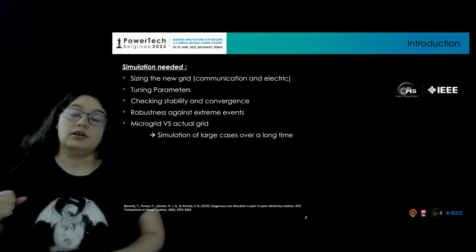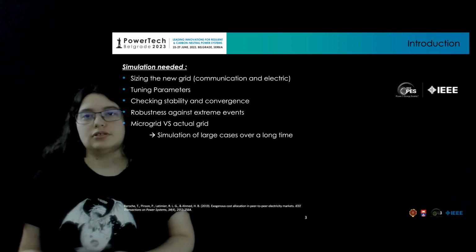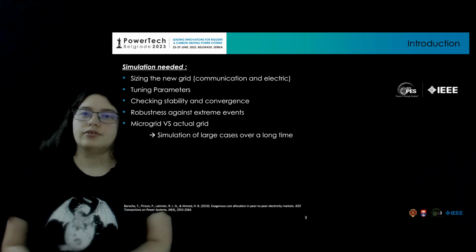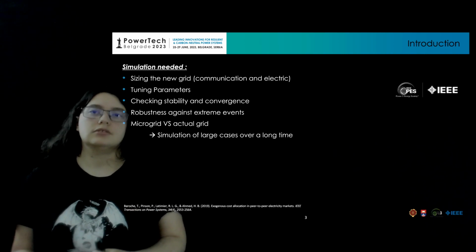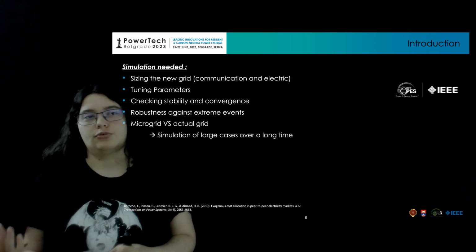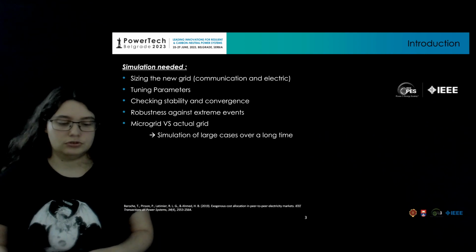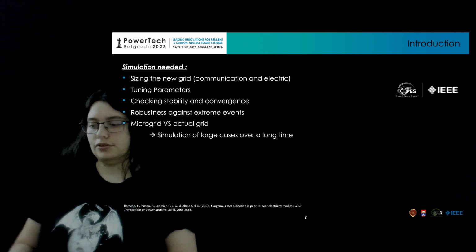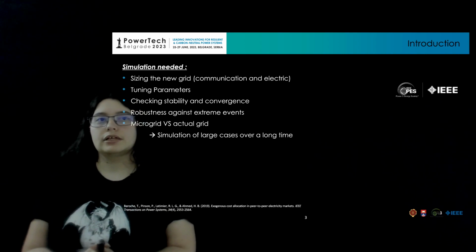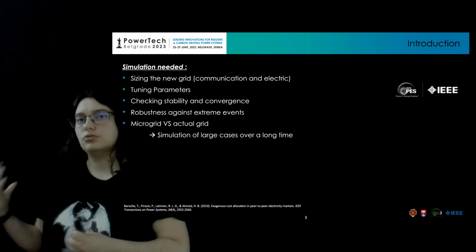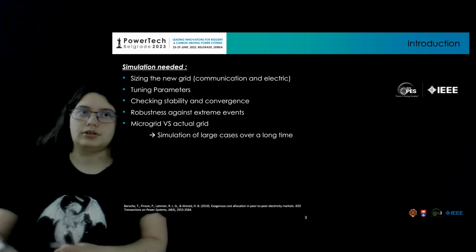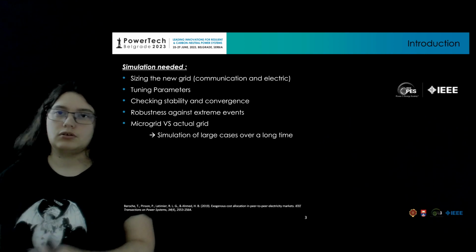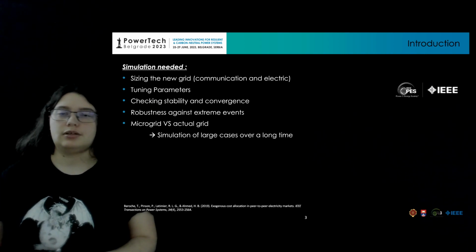But why do we need to simulate before implementing? The first reason is to size the new grids, the communication and electrical grids, to know what the future grids will be like. We can also use it to tune the parameters of the algorithm to be sure that it will converge, and to check stability and convergence.